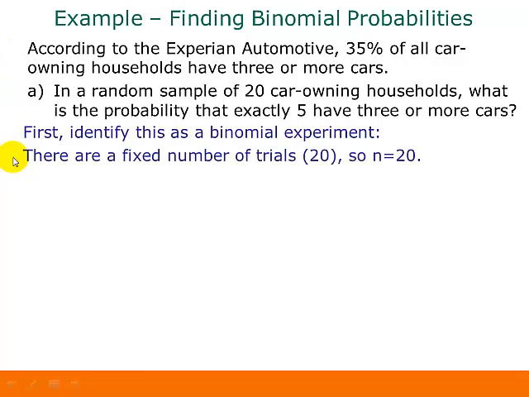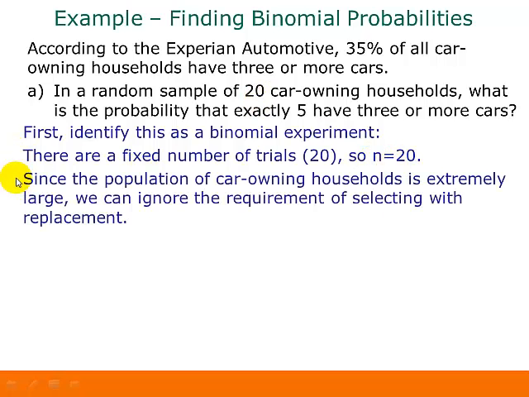Let's look at those requirements. First of all, there are a fixed number of trials because our sample size was 20, so n is equal to 20. Second, since the population of car-owning households would be extremely large, we can ignore the requirement of selecting with replacement.